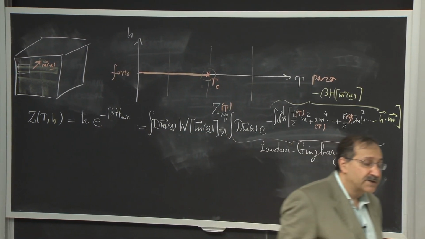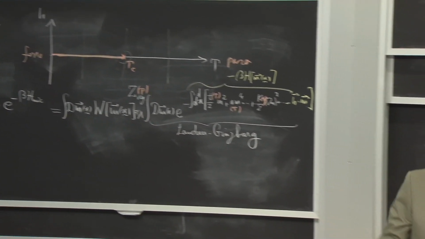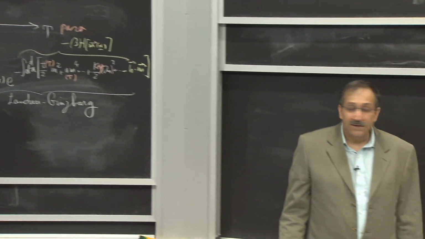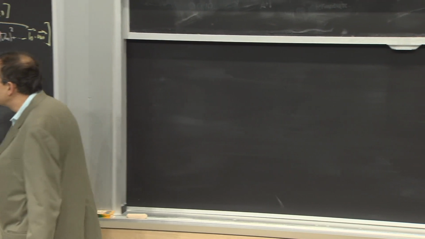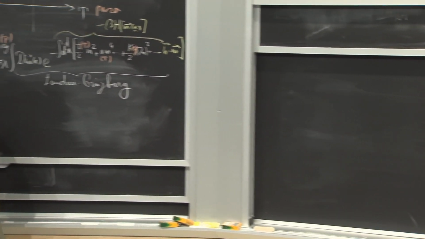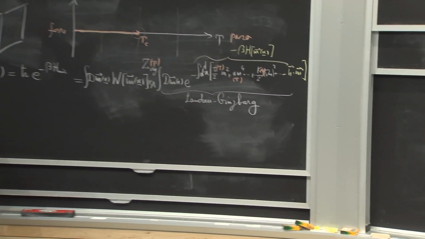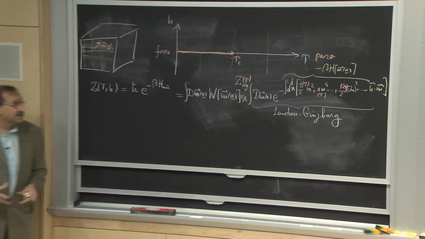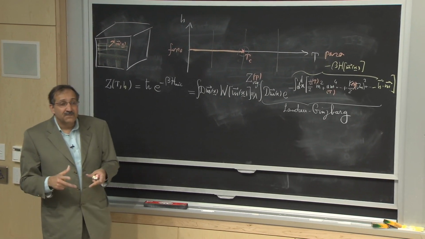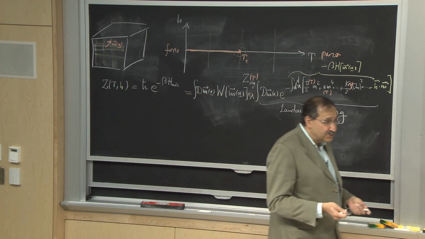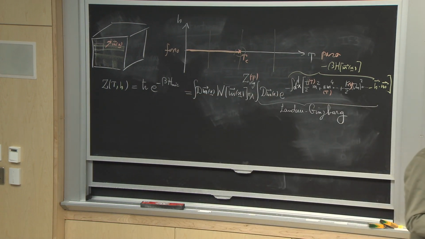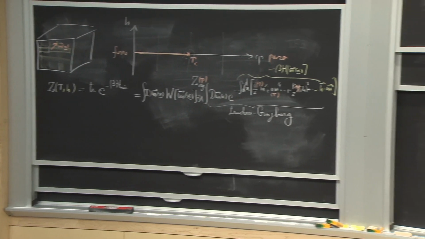Maybe I took a 100 by 100 by 100 angstrom cubed block of material and averaged the magnetization of spins in that area, etc. And the idea that we also encountered last semester is that as long as you are dealing with a finite system, all of the manipulations that you are doing involve analytic functions such as e to the minus beta H applied to a finite number of integrations.